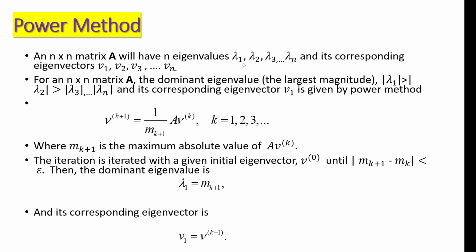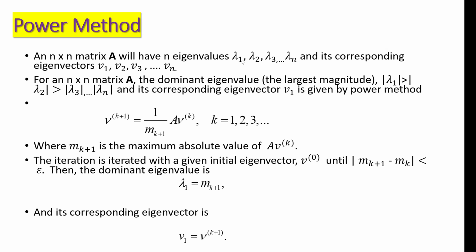Each eigenvalue has its corresponding eigenvector. So lambda 1 pairs with v1, which is the corresponding eigenvector for lambda 1. Lambda 2 pairs with v2, lambda 3 with v3, and so on.